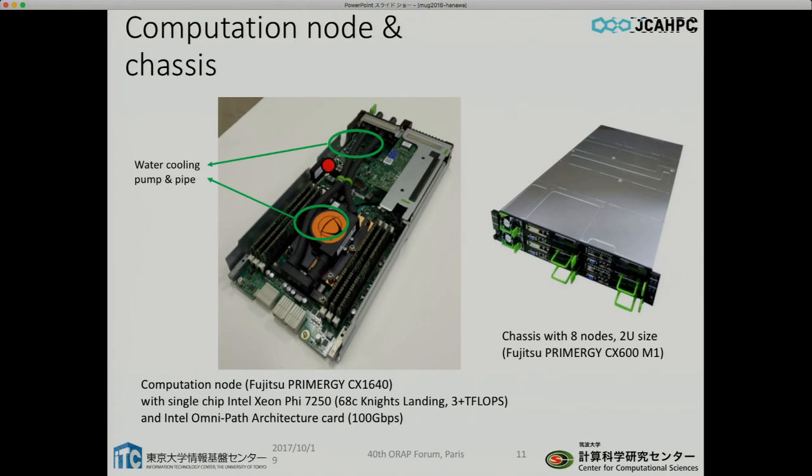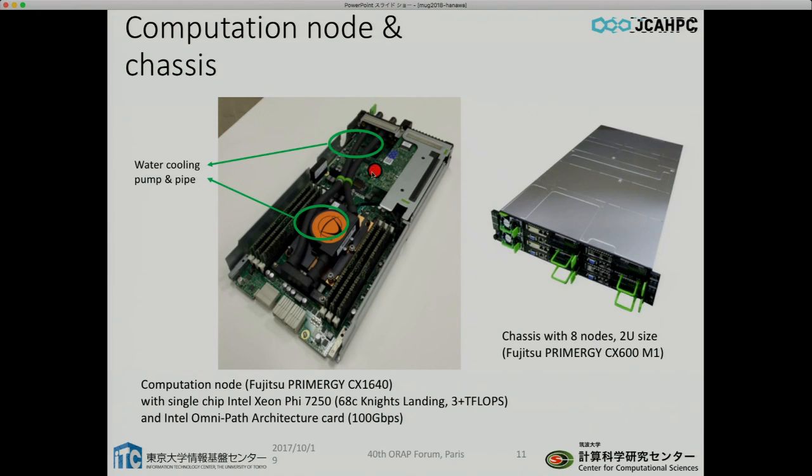You can also see the water cooling pipe to introduce warm water for the cooling. This system was provided by Fujitsu, and this KNL is the Intel Xeon Phi 7250.